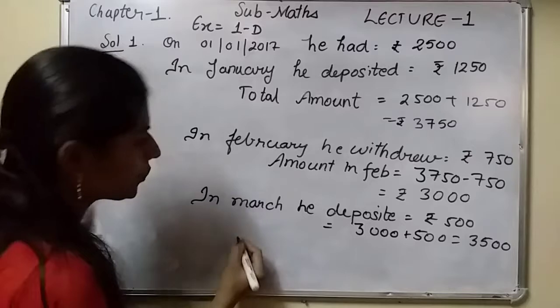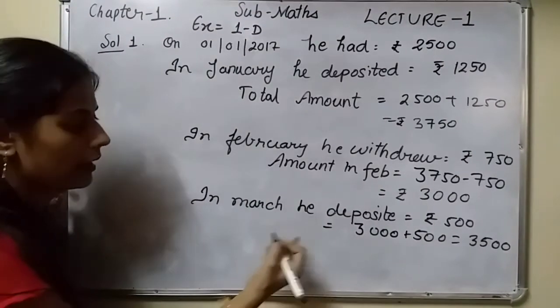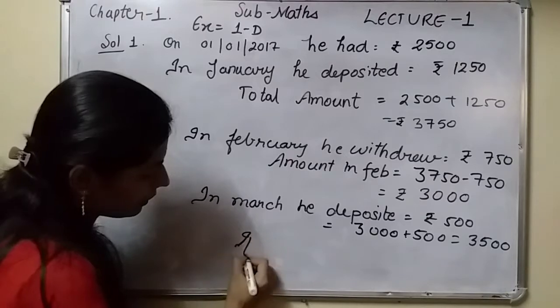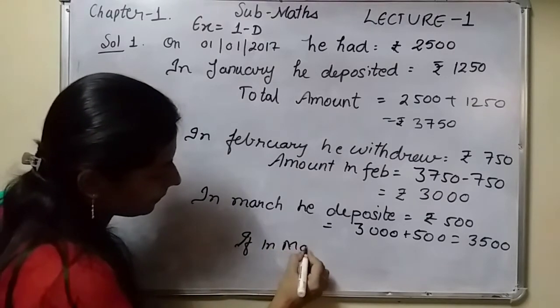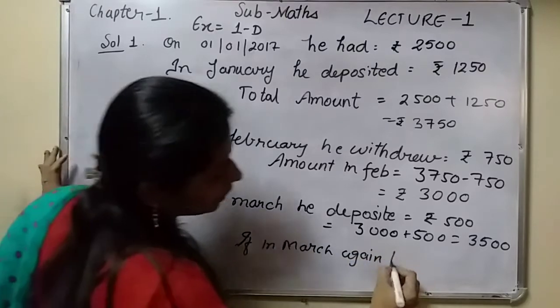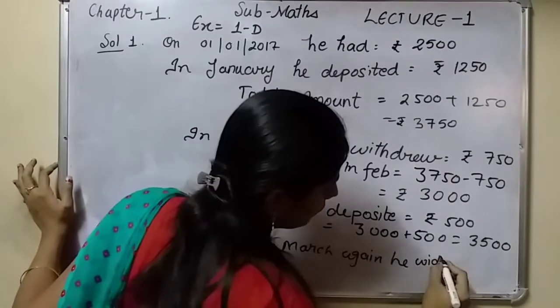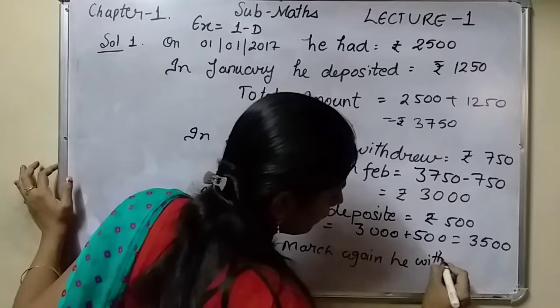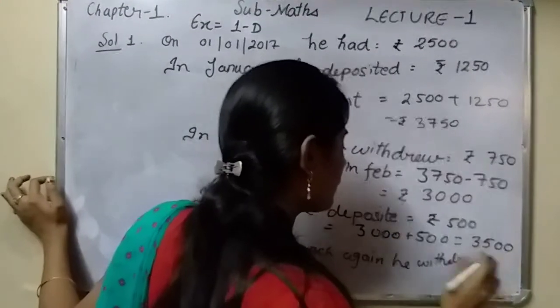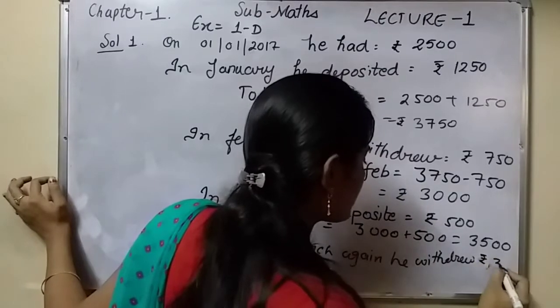Now again he withdraws in March itself. In March again he withdrew rupees 300.